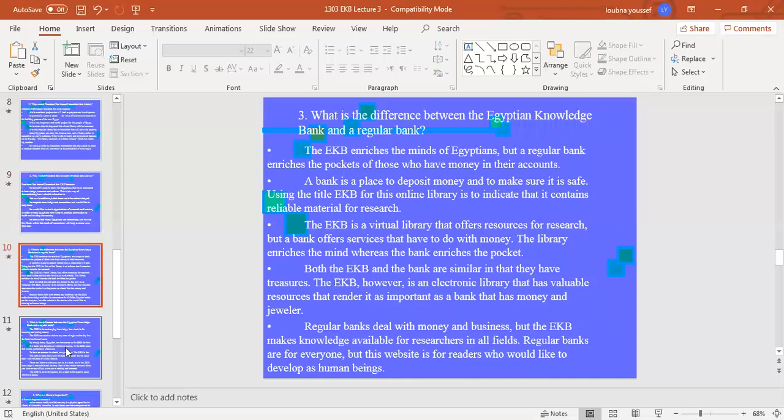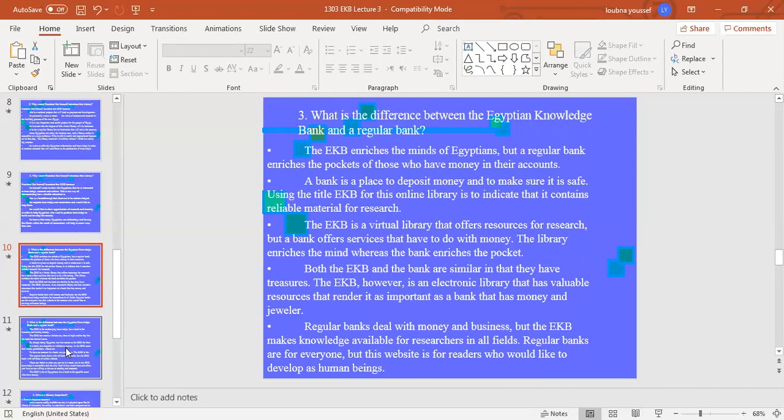Of course, this is a metaphor and it introduces an element of humor. Now, a bank is a place to deposit money and to make sure it is safe. Now, what is an Egyptian Knowledge Bank?